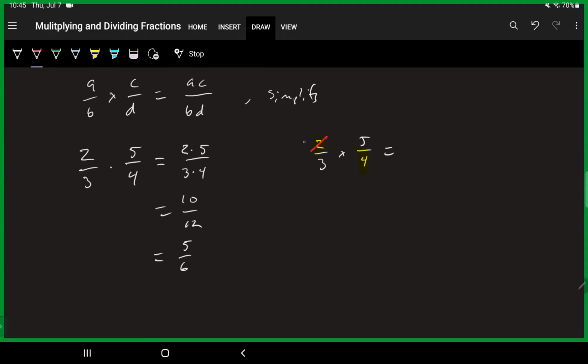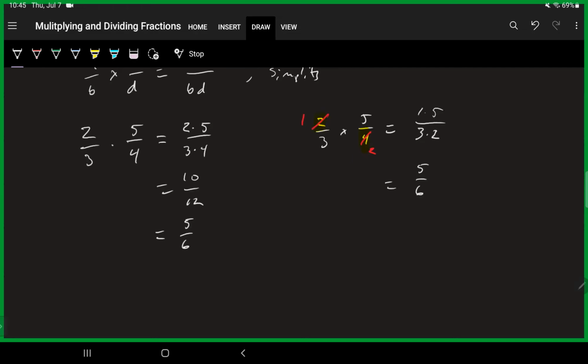If I divide 2 by 2, I get 1. If I divide 4 by 2, I get 2. And so really I have a 1 times 5 and a 3 times 2, and that gives me 5/6. More often than not, people go from this step to this step. They don't write that. You don't have to if you don't want to. But that's the real basic concept of multiplying fractions.